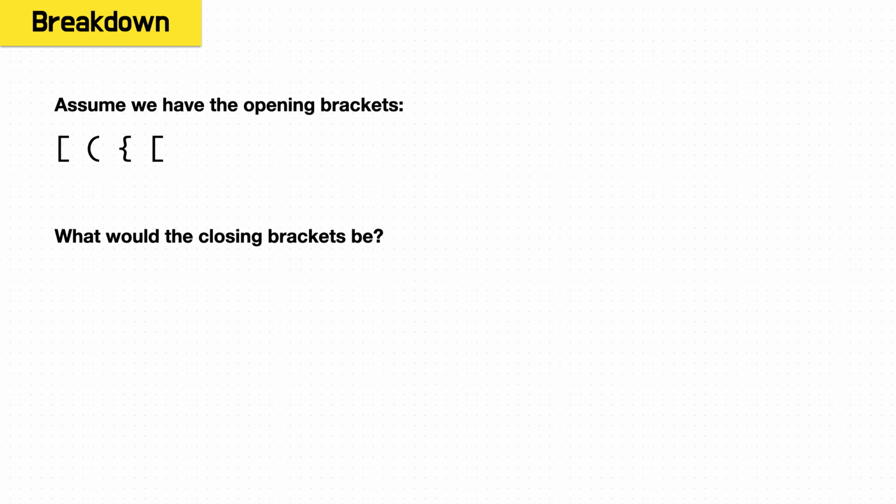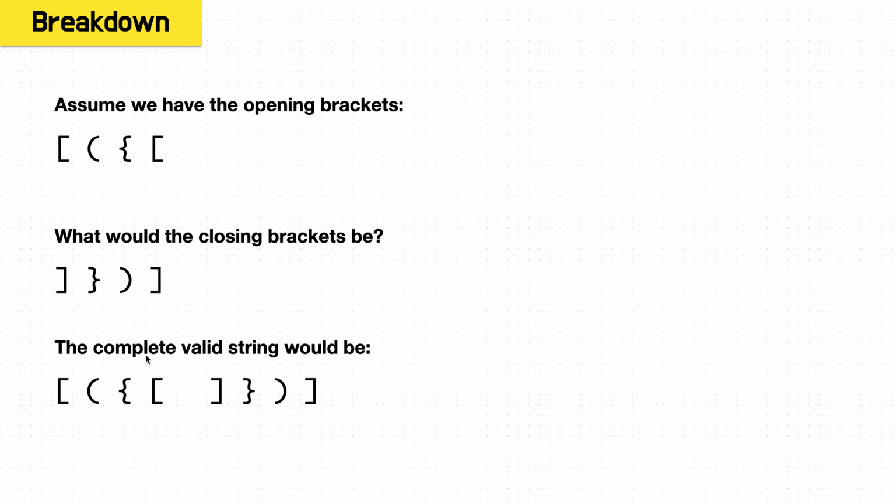So now let's start to think through this question and try to understand what it really means to have valid brackets. Let's say we have this opening set of brackets where it goes square, round, curly, square. What would the closing brackets be? Well, it would just be a closing square, closing curly, closing round, closing square.